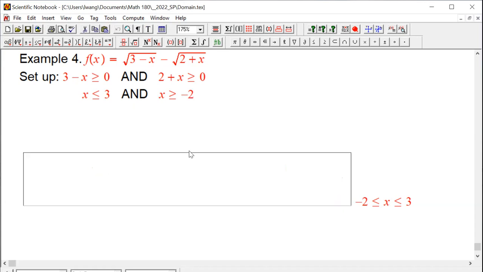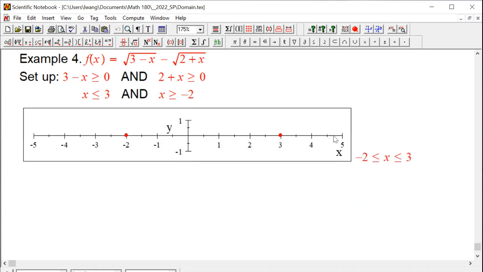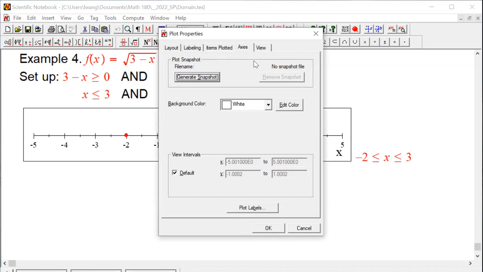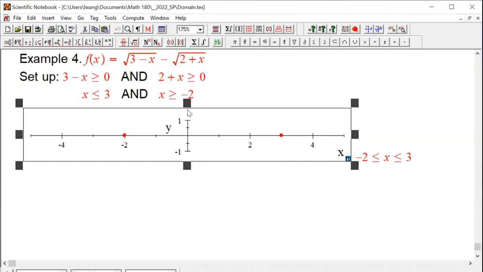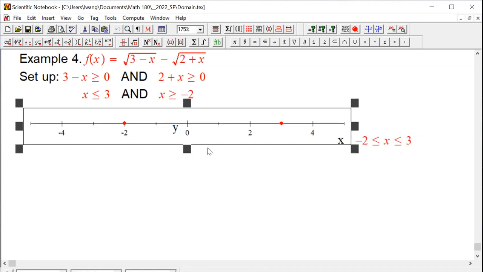So now I'm going to make it like a real number line. I'm just making some adjustments using the software. You can ignore the y-axis. So this is the number line, and I'm going to mark it in between.